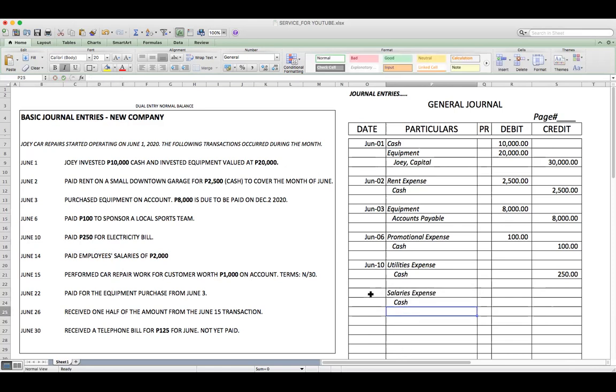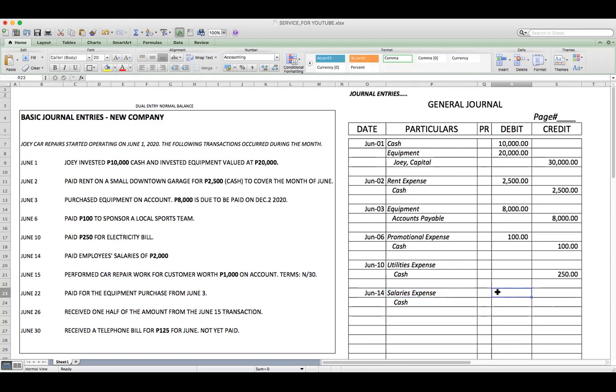So kung napansin ninyo, lahat ng expense, laging nasa debit. Okay? So sa journal entries kasi, the original entry for the expense accounts, nasa debit yan. So, hindi na kayo dapat malito. Wala kang makikita na nasa credit na expense kapag ito ay journal entries pa lang. So, all expenses should always be in the debit side kasi yan ay ating binabayaran.